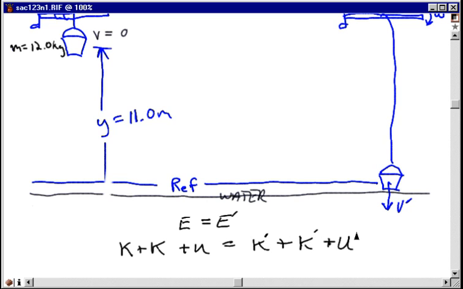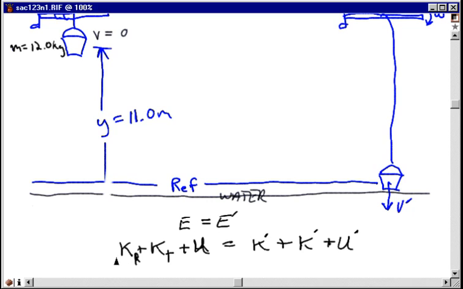Over here, I'll call it K prime and U prime. We've got kinetic energy of rotation and translation, the spinning motion and moving along a straight line path. And we've only got one kind of potential energy, so I don't need a subscript, just the gravitational potential energy.